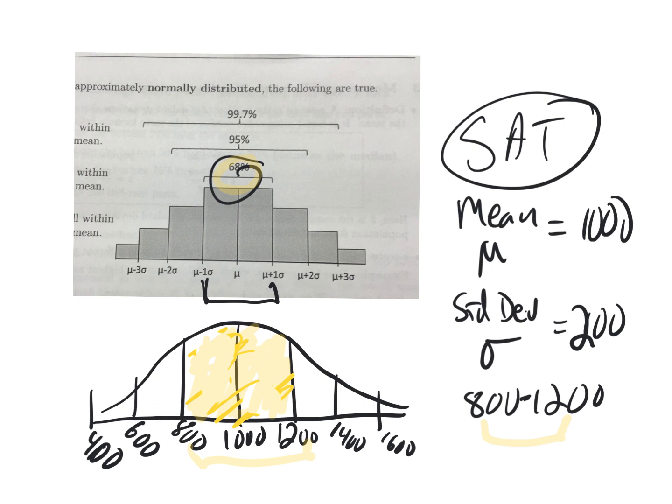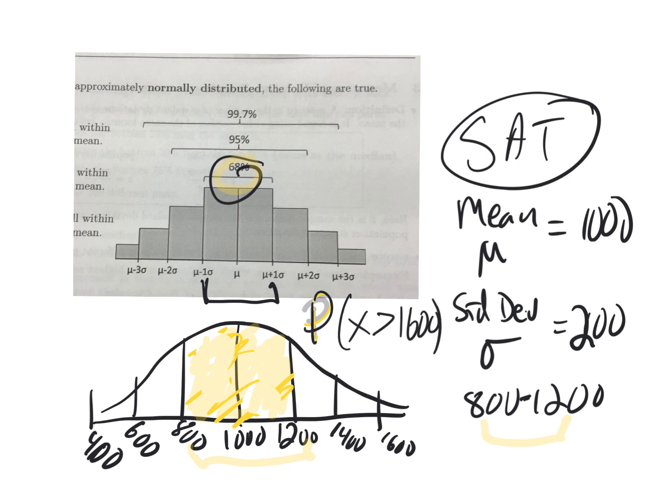Okay, and then the other thing that's really interesting about this is: what's the probability that a test score, I'll call it X, is greater than 1,600 points?